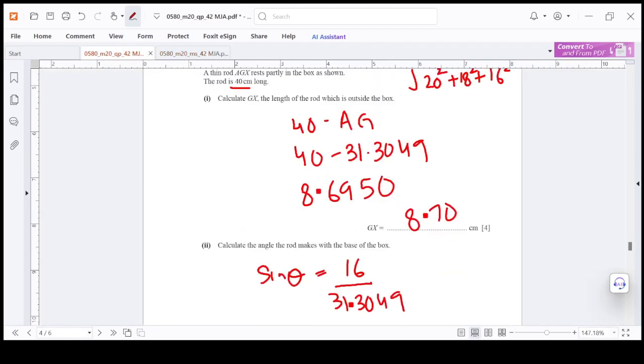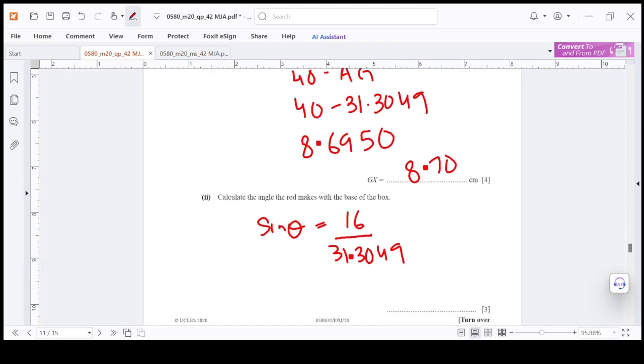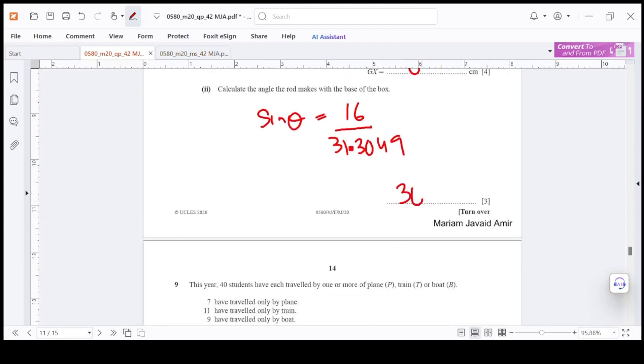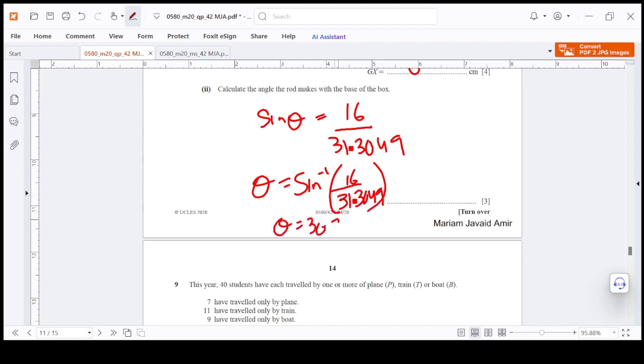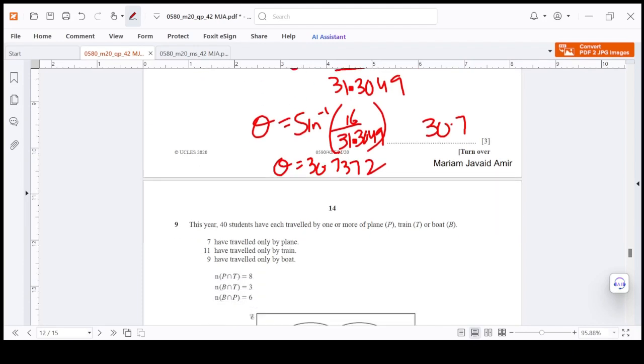Yep, it is correct. 30.7372 would be written over here. Take sine inverse. Remember to take sine inverse first. 31.3049. This gives 30.7372, rounded to 30.7 because you round off angles to 1 decimal place.